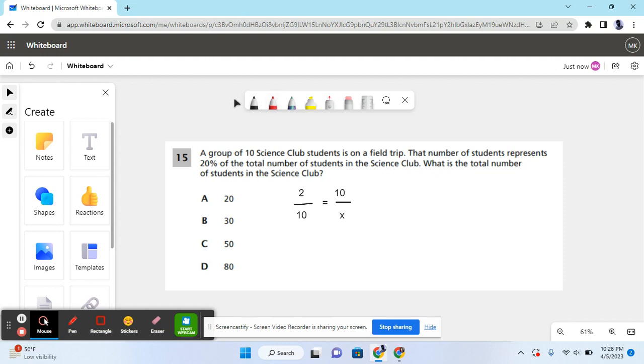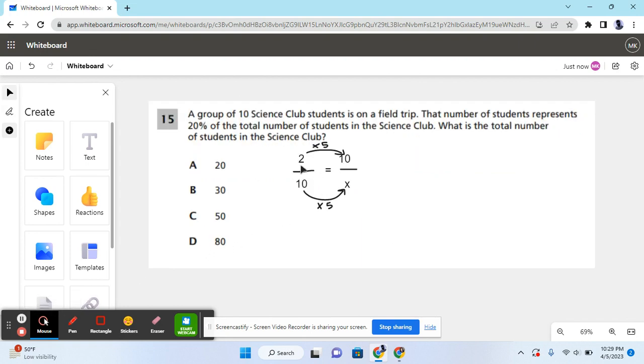So now you have to try to make them equivalent to each other. See what you can multiply to make them the same. For 2 to 10, you have to multiply 2 by 5 to get 10. And you also have to do the same thing to the bottom. You have to multiply 10 by 5 to get x.